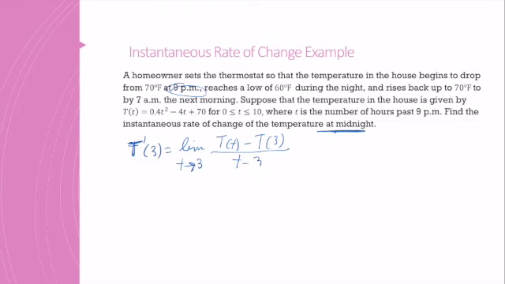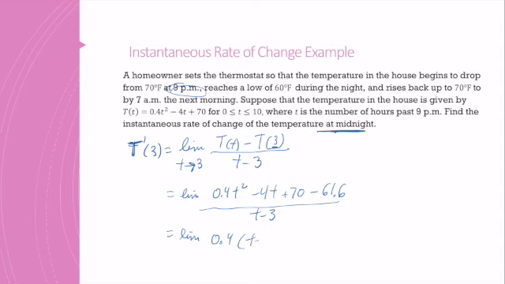So this is the limit of 0.4 t squared minus 4t plus 70 minus, if I substitute in 3, I get 61.6, over t minus 3. This is going to factor. Limit of 0.4 times t minus 3, t minus 7.